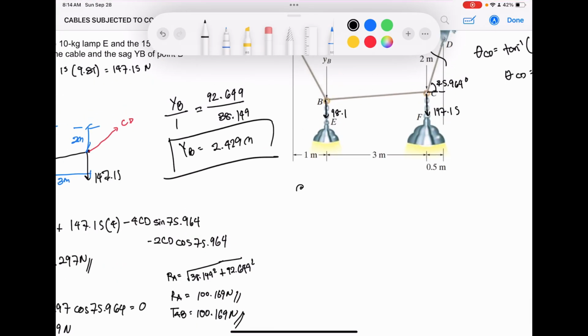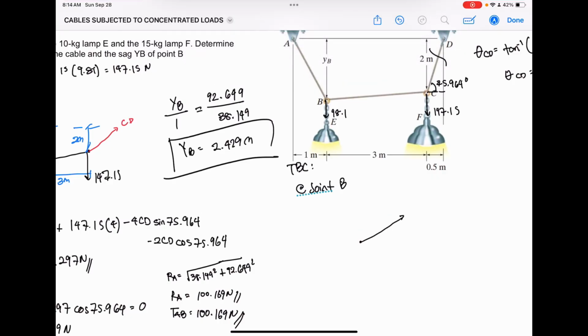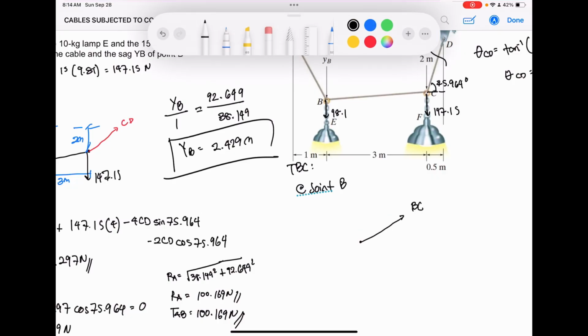Joint method at joint B para makuha si TBC. We have BC.